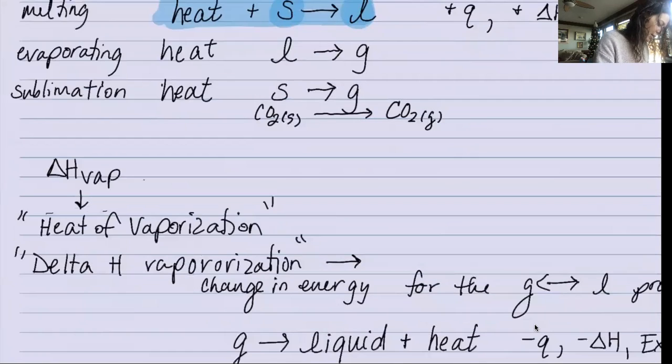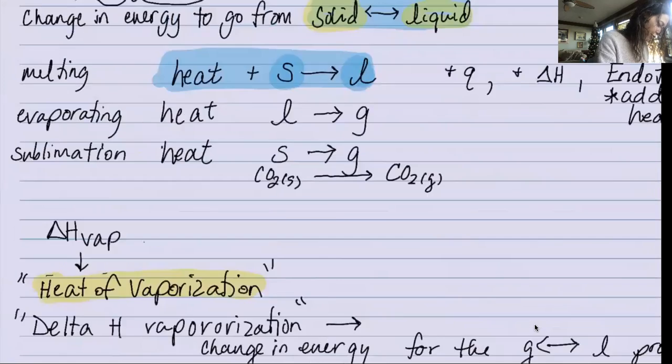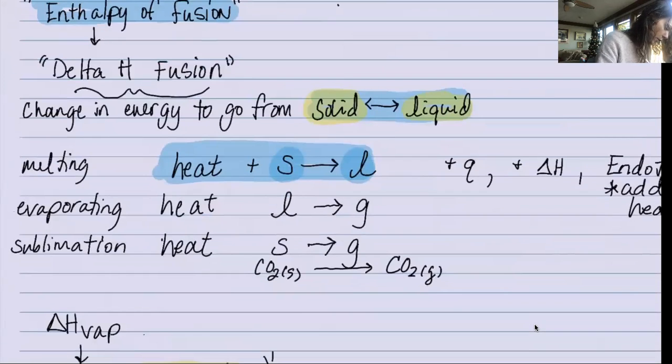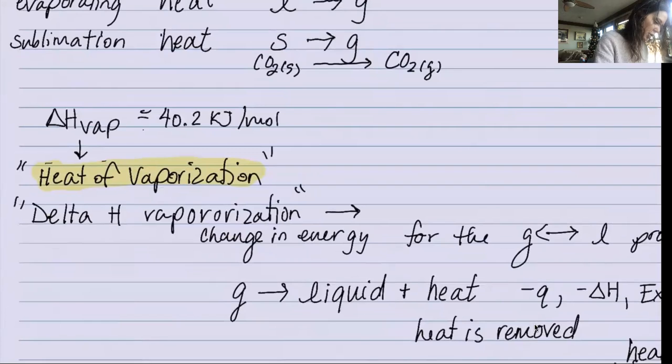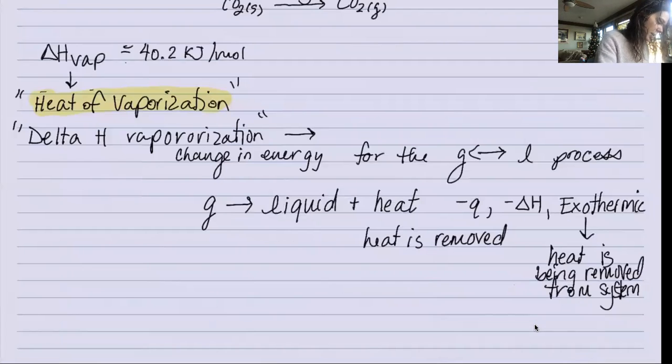We've got the heat of vaporization for water. That is 40.2 kilojoules per mole. The heat of vaporization is the energy that must be added or removed to go between the gaseous and the liquid state.